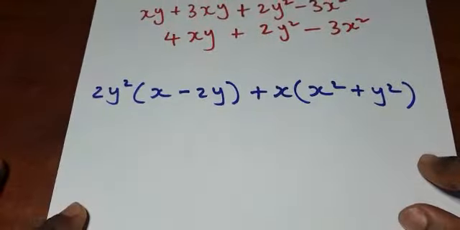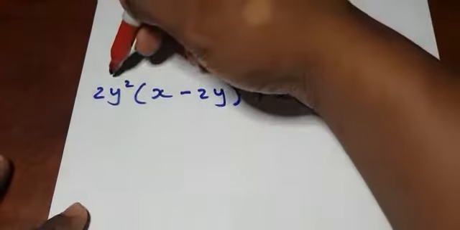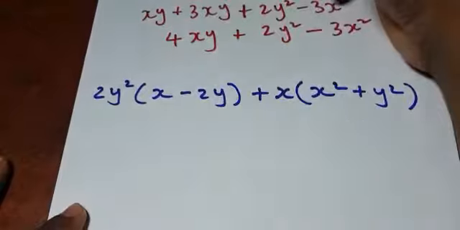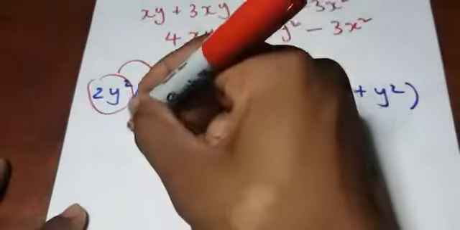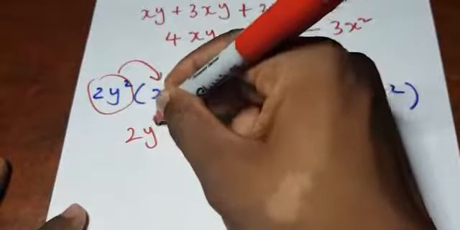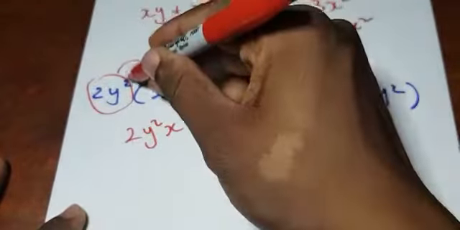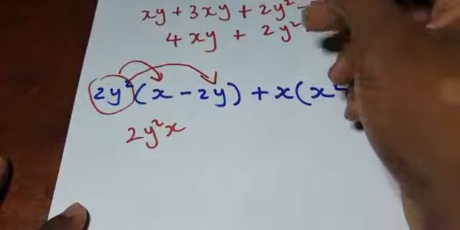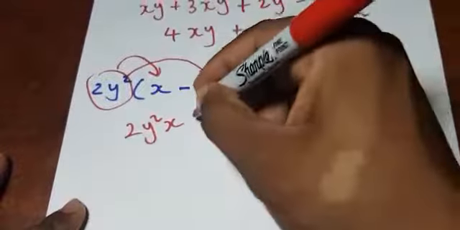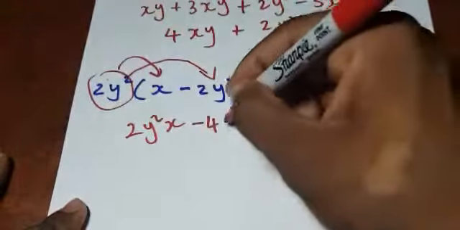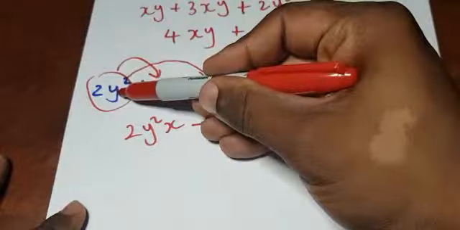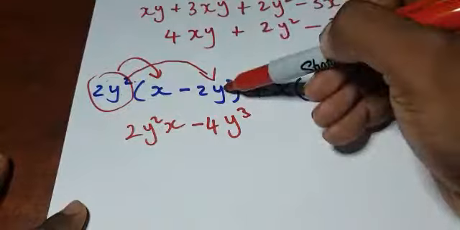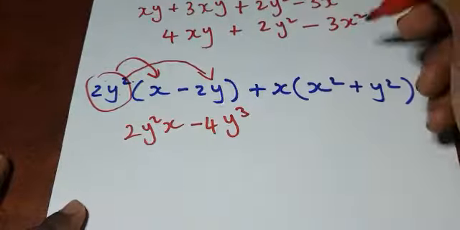All right, here's another question. So this is 2y squared times x, so that's 2y squared x, and then 2y squared times minus 2y, so that's minus 4y cubed, because we have y squared times y, so those would be 3 y's.